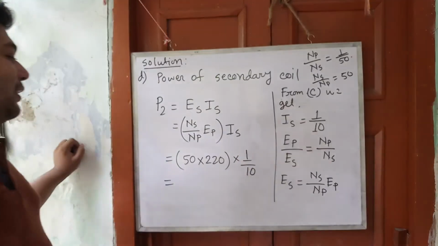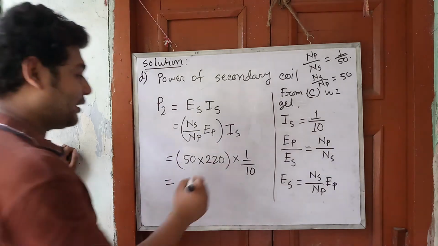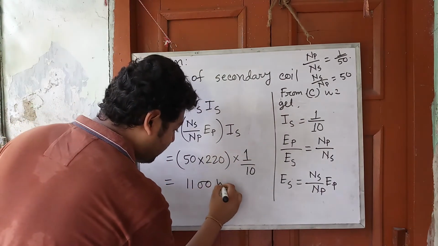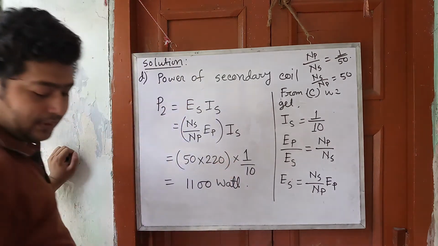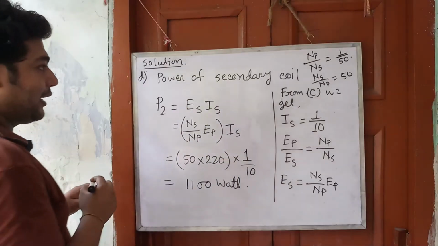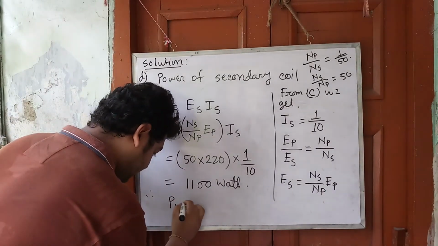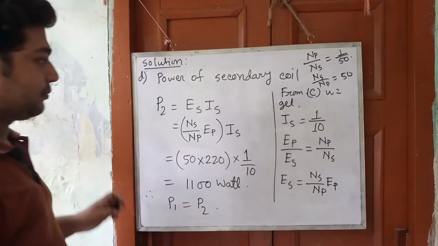So calculating we get 1100. Okay, so we get P1 equal to P2.